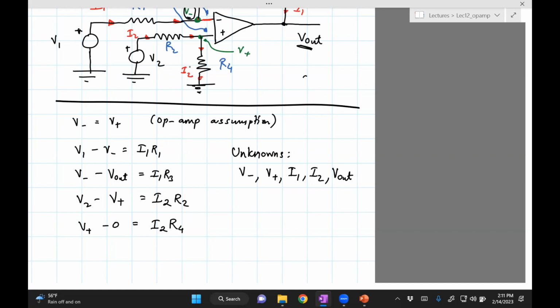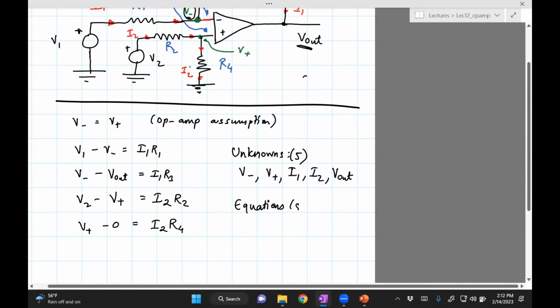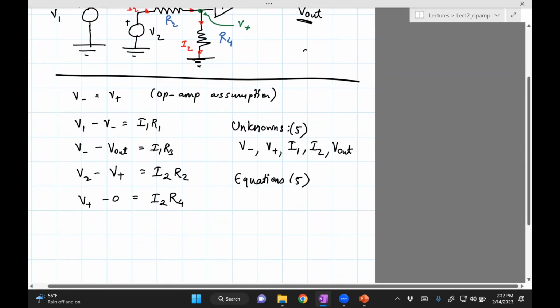V1, V2 are known. So there are 5 unknowns, and we have 5 equations. If you have 5 equations and 5 unknowns, you can solve for the unknowns. In this case, we are really not interested in V minus, V positive, I1, I2, so you can eliminate them.